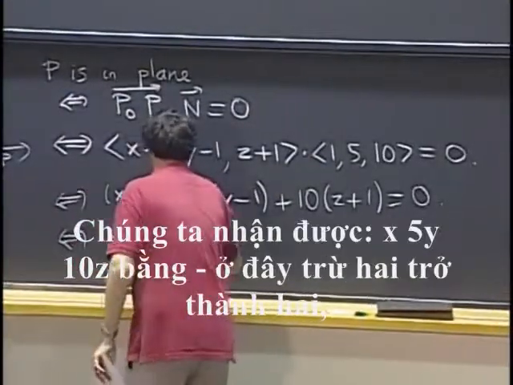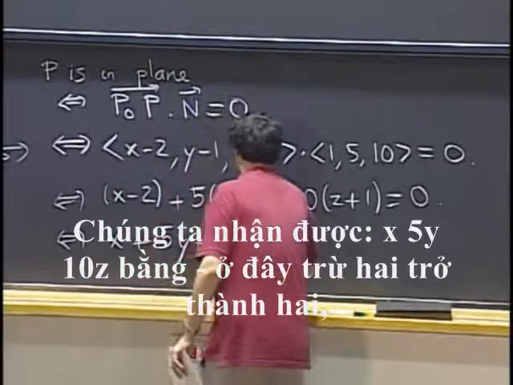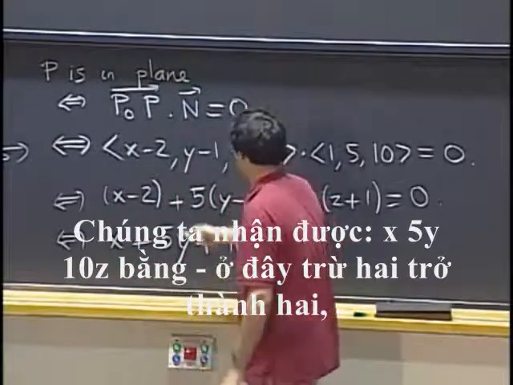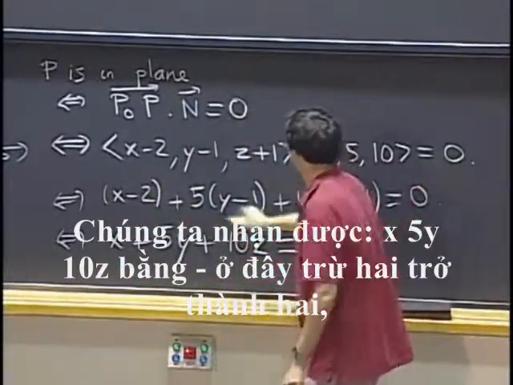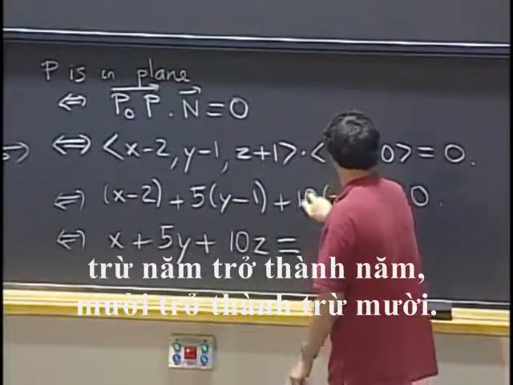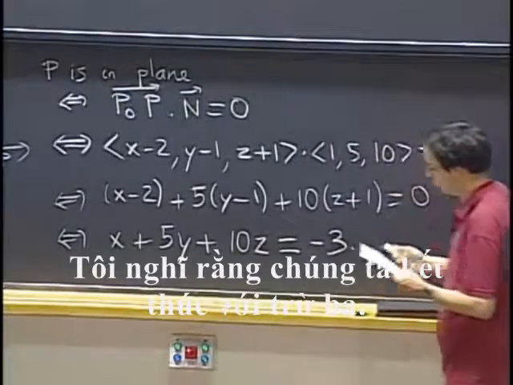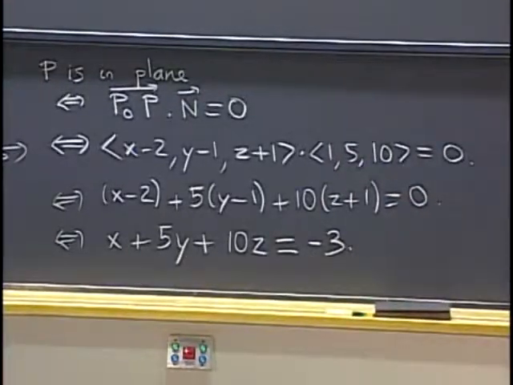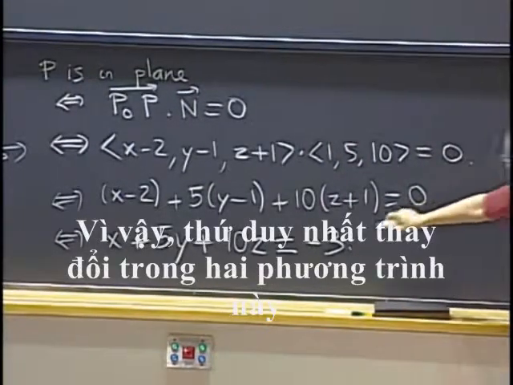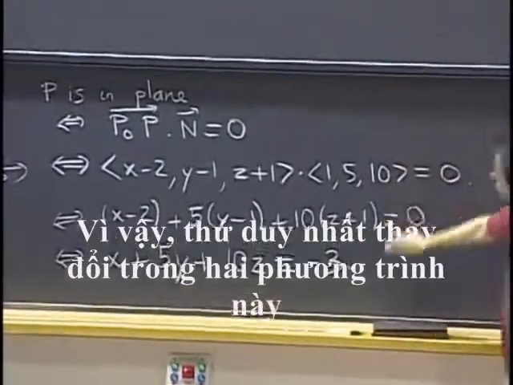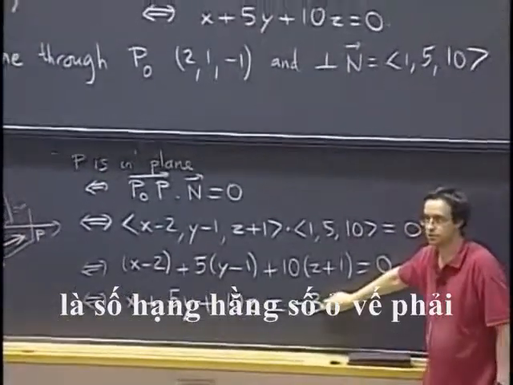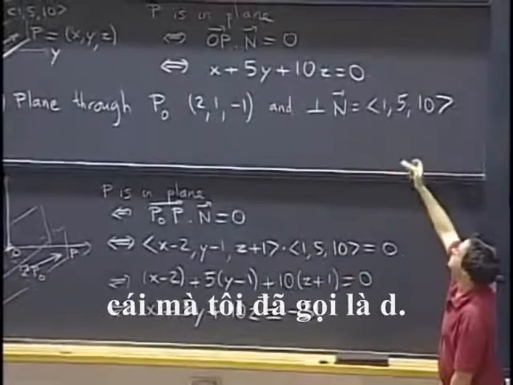We get x plus 5y plus 10z equals, well, minus 2 becomes 2, minus 5 becomes 5, 10 becomes minus 10. I think we end up with negative 3. So the only thing that changes between these two equations is the constant term on the right-hand side, the thing that I call d.